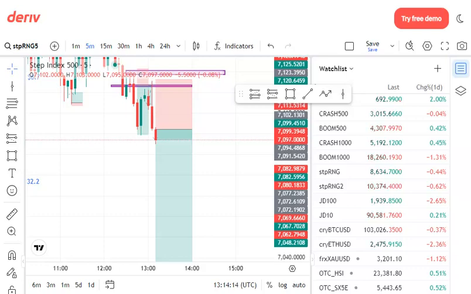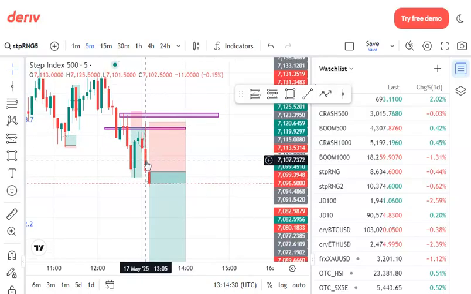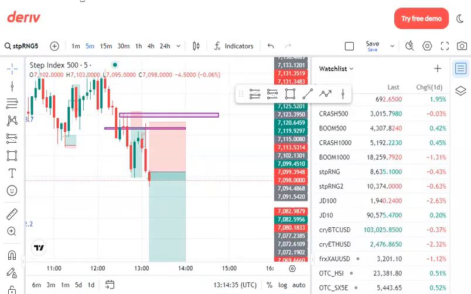So immediately let us set our stop loss. Stop loss is 7125.5.